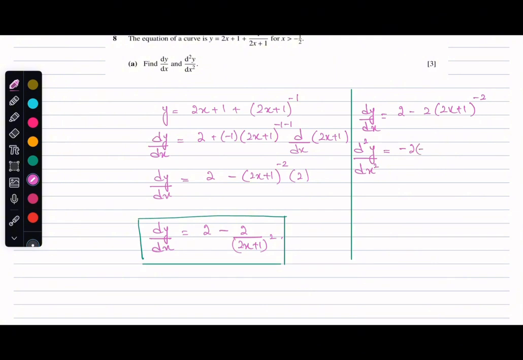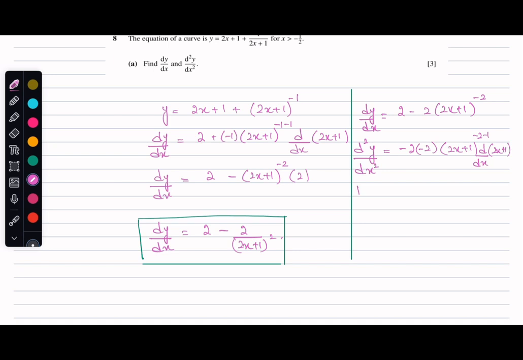This negative 2 shall get multiplied by the negative 2 from the power, and then it's 2x plus 1 to the power negative 2 and a negative 1, and then the differential of the function, which is 2x plus 1.